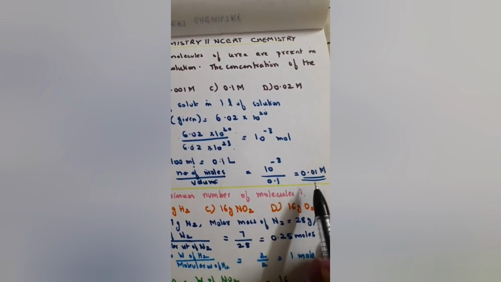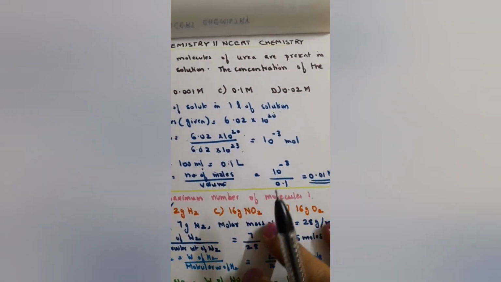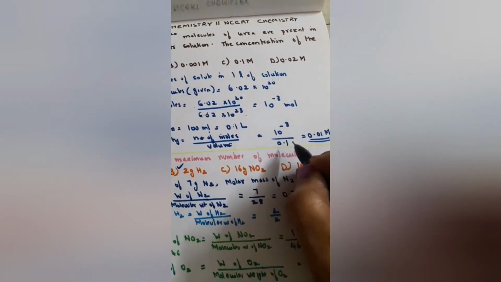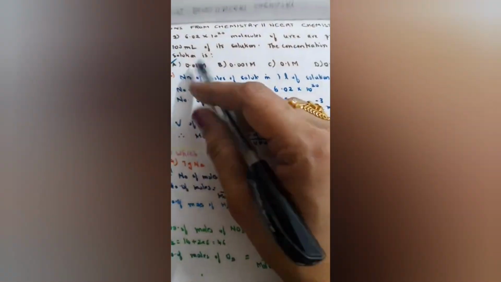Now you have to find the molarity, that is number of moles by volume. Number of moles you already got, 10 raised to minus 3, divided by volume 0.1. So you get 0.01 mole. You can take 0.1 as 1 by 10 or 10 raised to minus 1. Now which option is correct? Option A is correct.